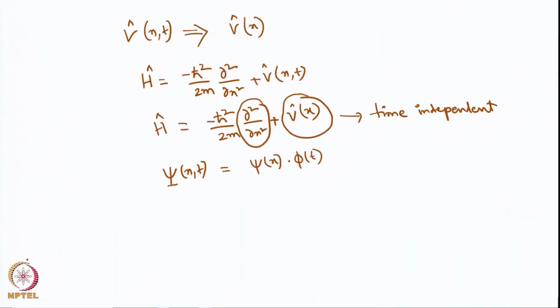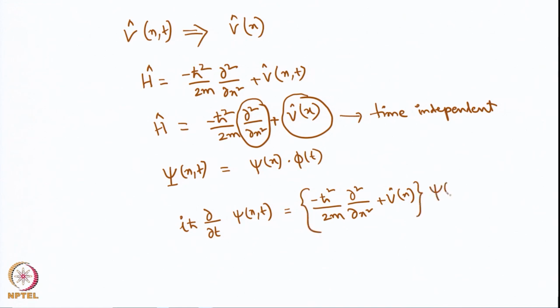If you go back to the Schrodinger equation, which is nothing but i h bar d by dt of psi of x comma t is equal to minus h bar square by 2m d square by dx square plus V of x acting on psi of x comma t, I will write it as i h bar d by dt psi of x comma t is equal to H psi of x comma t.